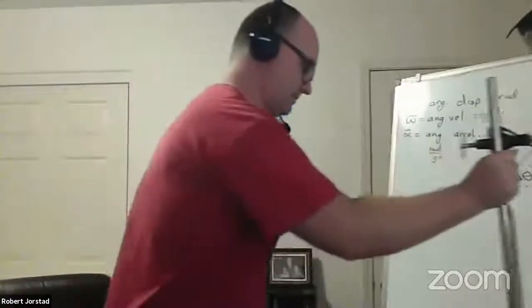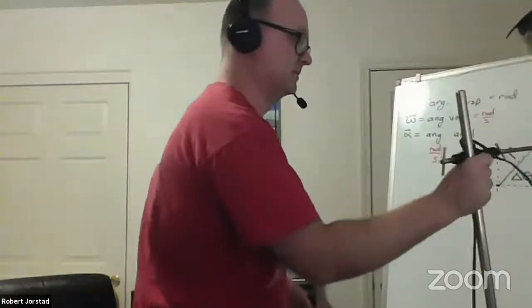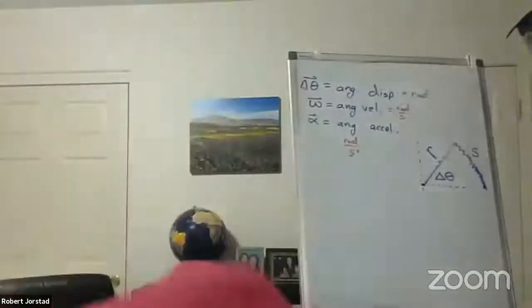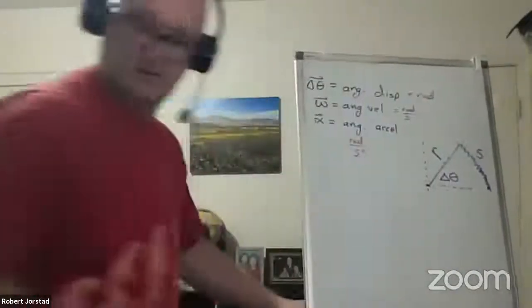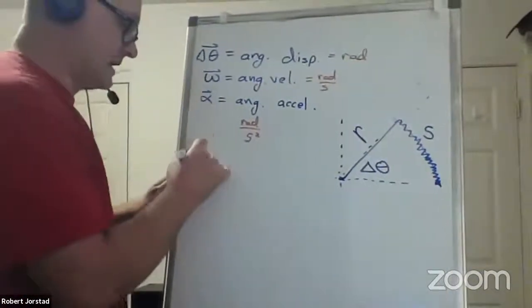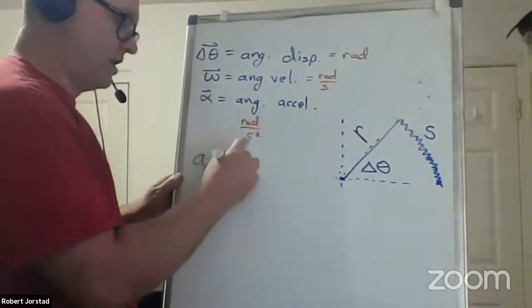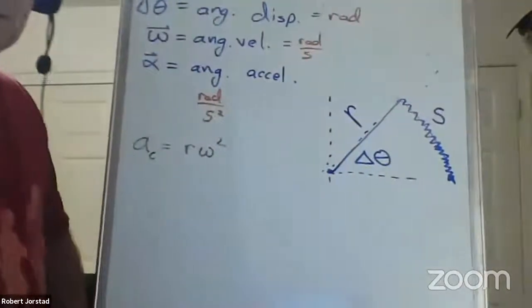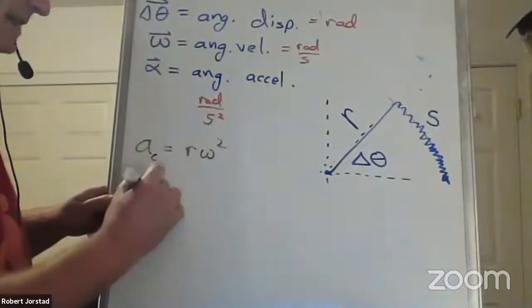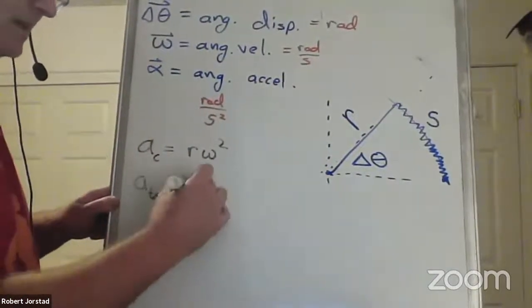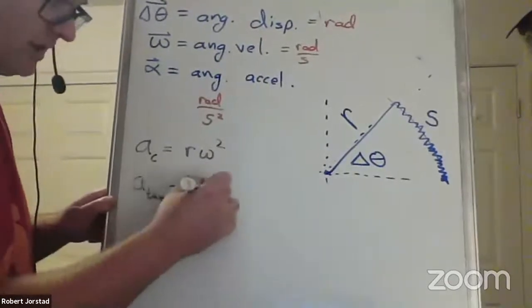Okay. And so in this case, we could see that AC is R omega squared. We talked about that in chapter 6. It turns out A tangential is actually equal to not alpha, it's R alpha.